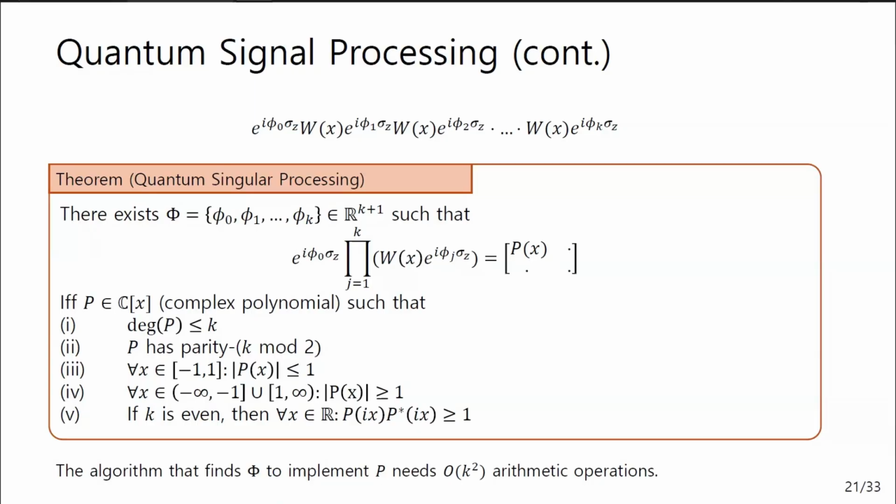This second condition means that if k is even, P has even parity, and if k is odd, P has odd parity.